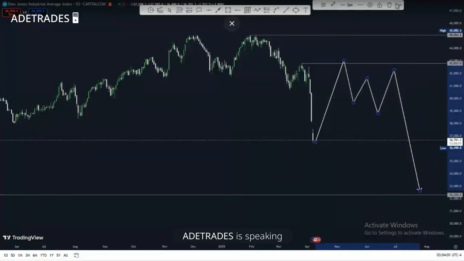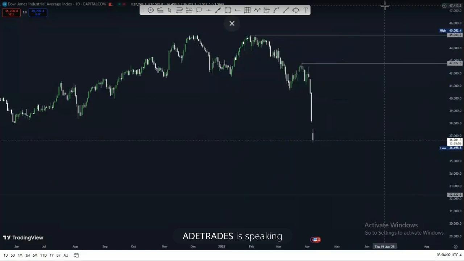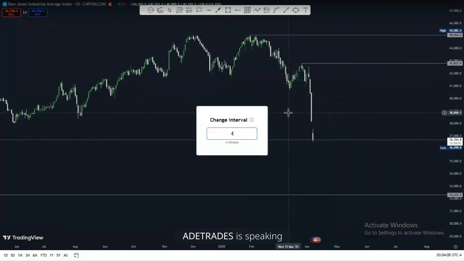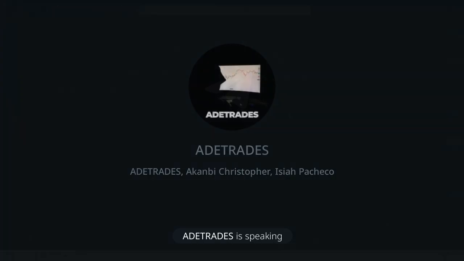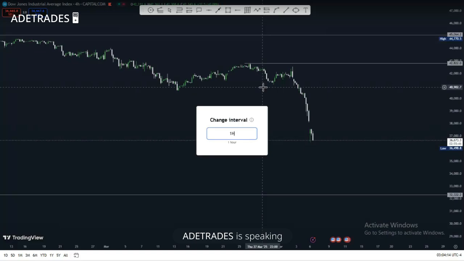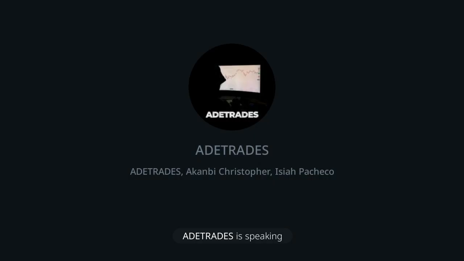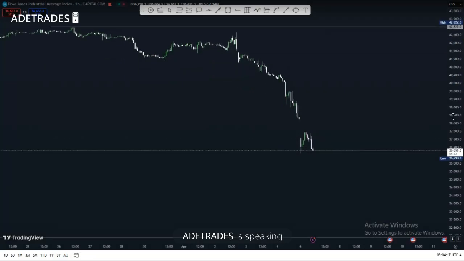So we just need to keep following the trend, which is we go to lower time frames to find structure. On the 4 hour time frame, no clear structure yet. Go to the 1 hour time frame. On the 1 hour, we have this structure that's from this lower high structure.